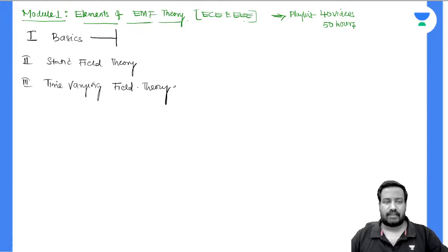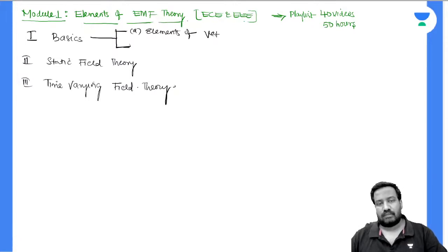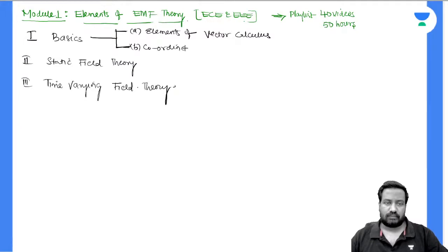Under basics, we have 2 parts: elements of vector calculus and coordinate system.